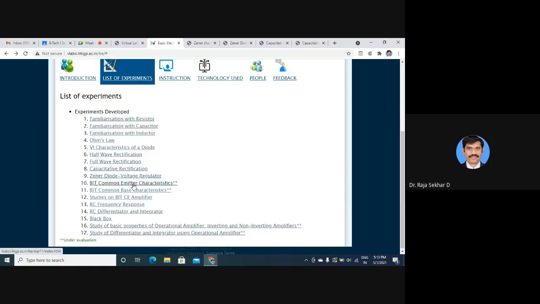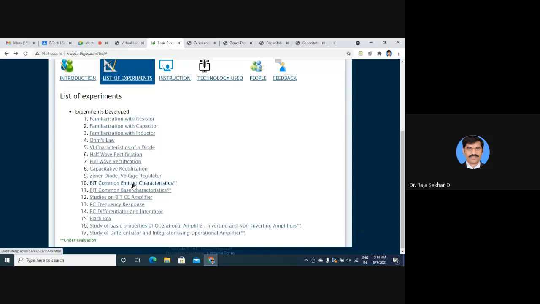Now, in BJT common emitter characteristics, we have to take 2 experiments. One experiment is input characteristics. We have done the experiment for both input as well as output characteristics, but here we have divided that into 2 experiments. One is input characteristics, the other is output characteristics. So there are a total of 10 experiments.